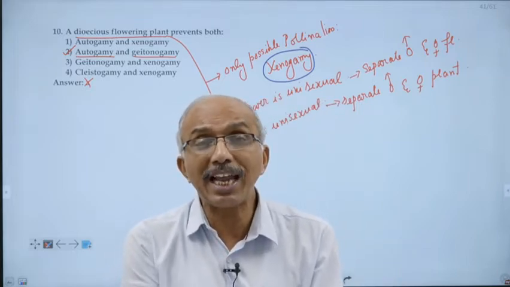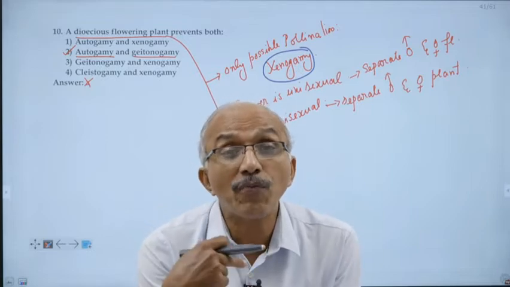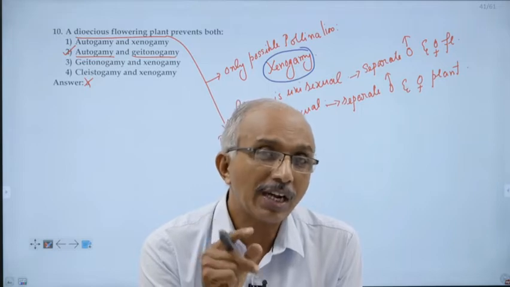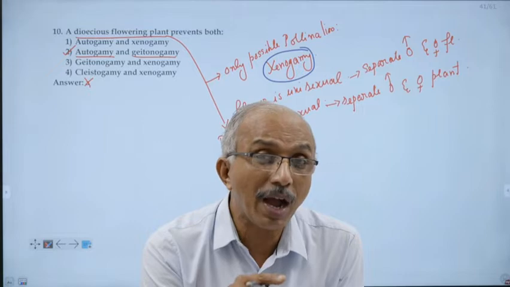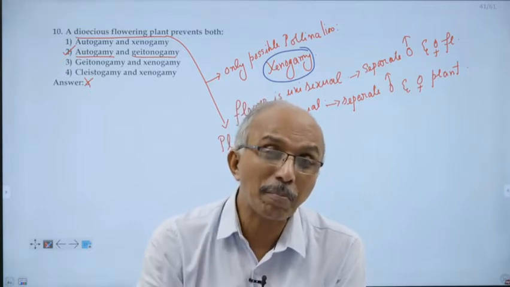Transfer of pollen grains from anther to stigma of a different flower but on the same plant.